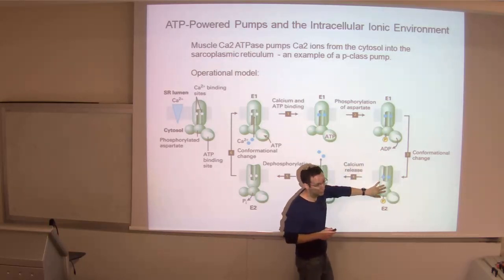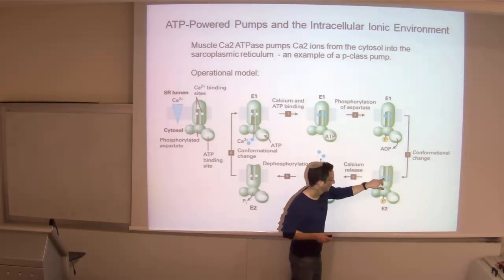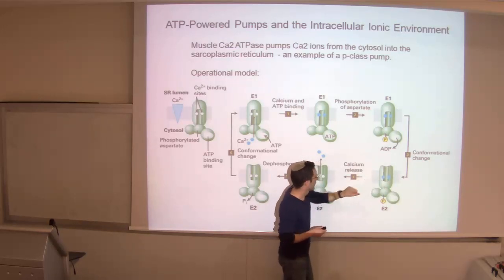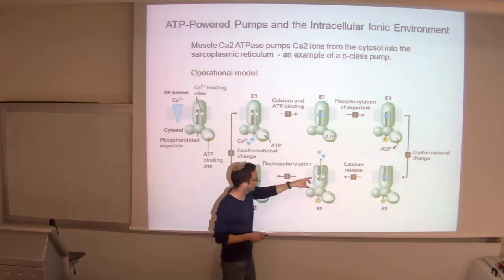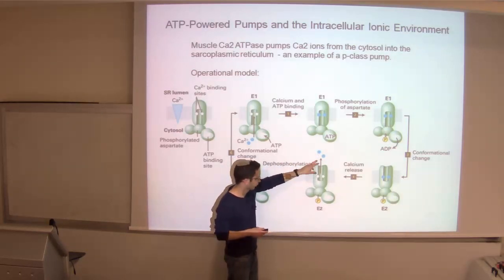In this conformational change, the affinity, the strength with which these calciums bind to their binding sites, decreases rapidly, and they are released from the binding sites into the SR. The SR gains an additional 2 calciums.